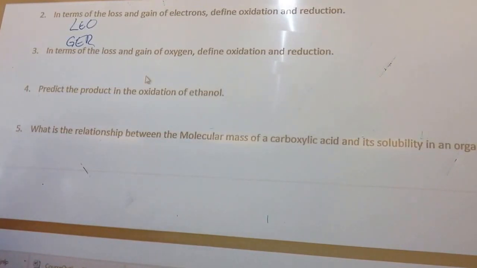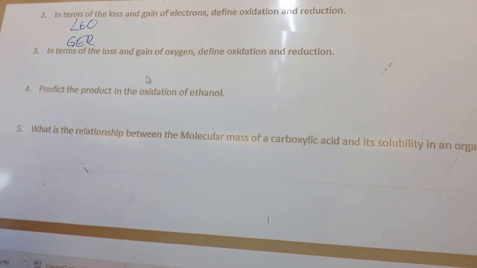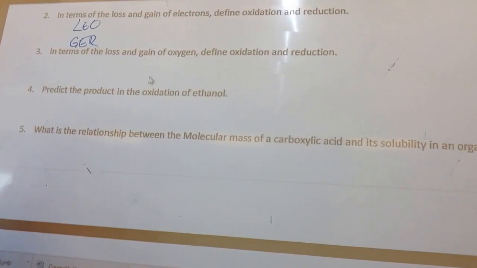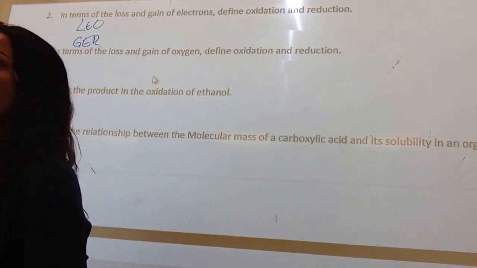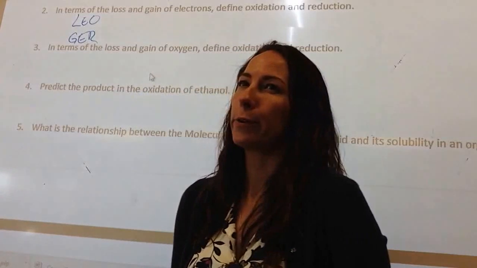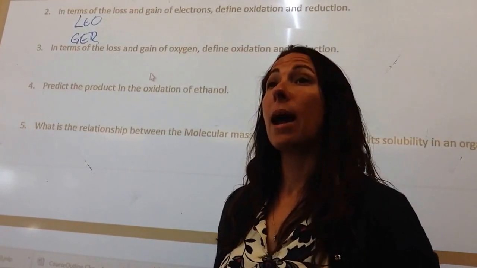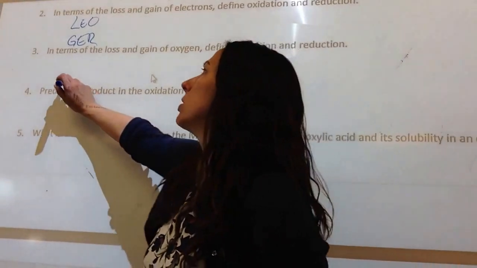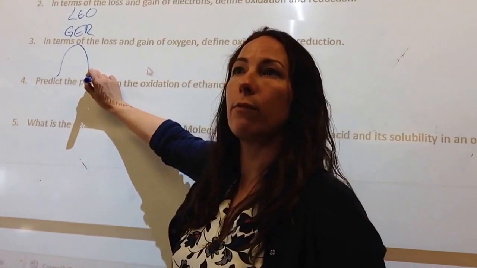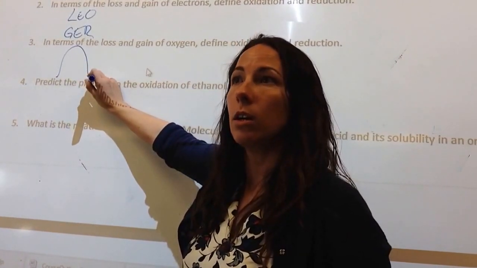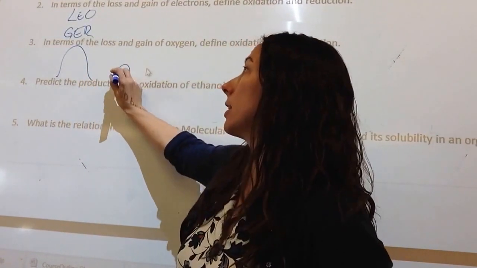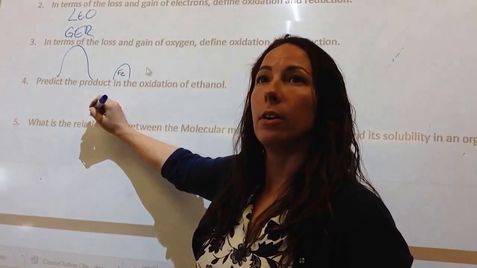Are you just guessing? Okay. Do you remember why it's called reduction? A long, long time ago, where did they first come up with this name? What was reduced? Because they didn't know it had to do with electrons. So they didn't know about oxidation numbers either. Remember, you dig in the ground a whole bunch of rock, and what you get out of it is a little pile of pure iron.